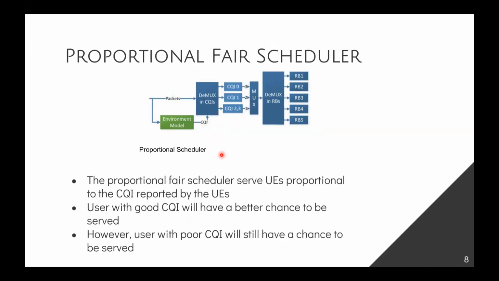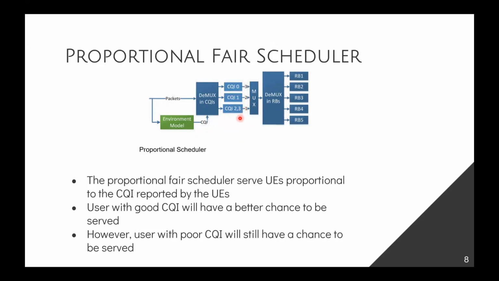The next one is the proportional fair scheduler. In this scheduler, the scheduler tries to give a fair allocation of scheduling resources to the UEs. So the UE that has the best channel quality indicator, CQI0, will get 3 packets sent at each round, and CQI1 will get 2 packets each round, and CQI2 and 3 will get 1 packet in each round.